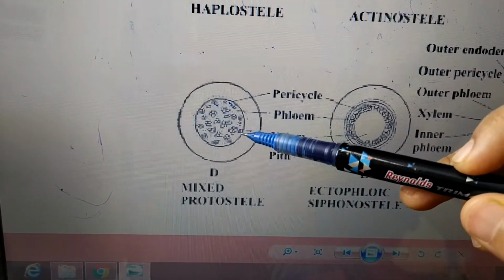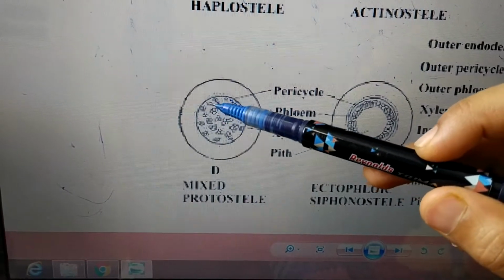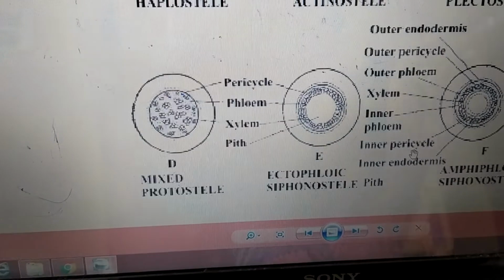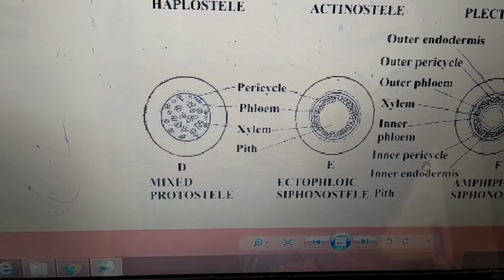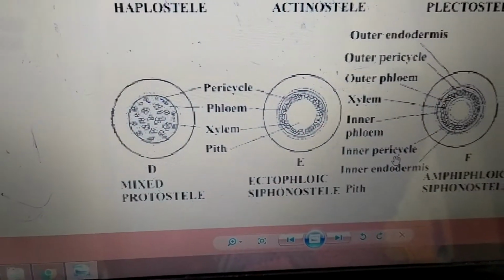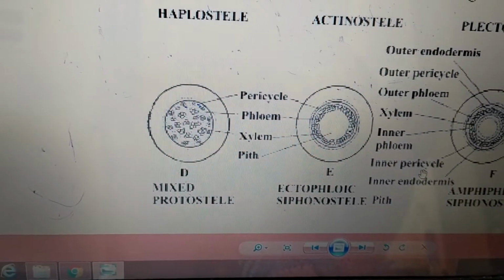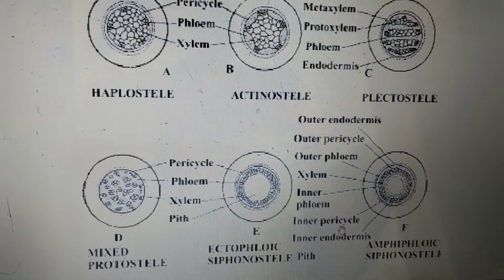In this ground tissue of phloem, what is embedded? Irregular groups of xylem. This kind of protostele is mixed protostele. It is seen in Lycopodium cernuum. So these were the different types of protostele. Thank you.